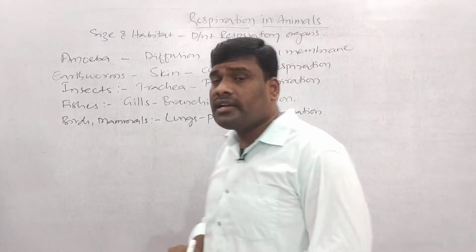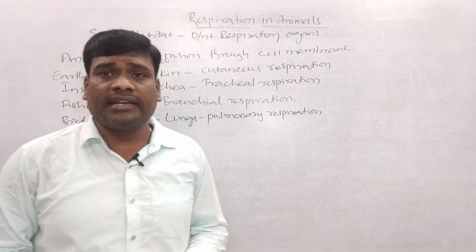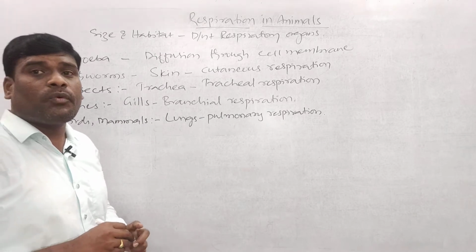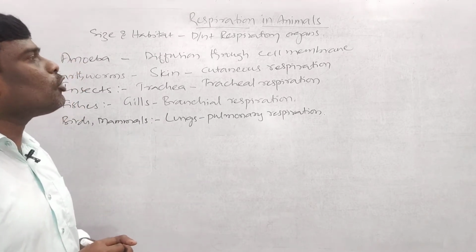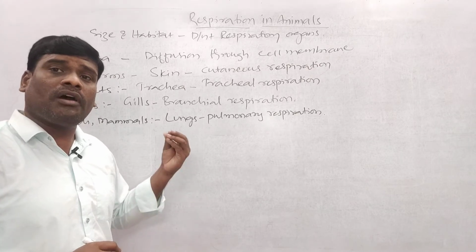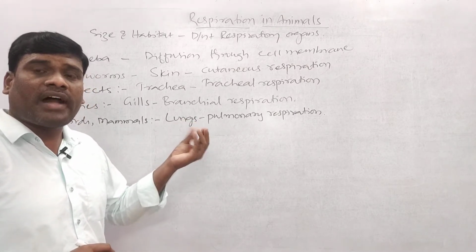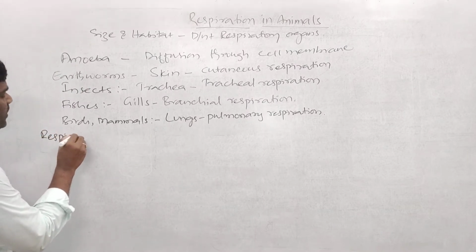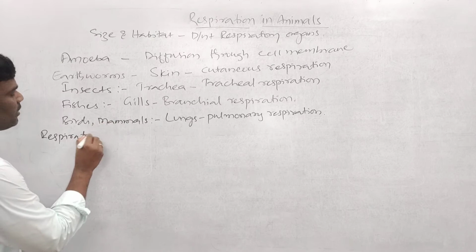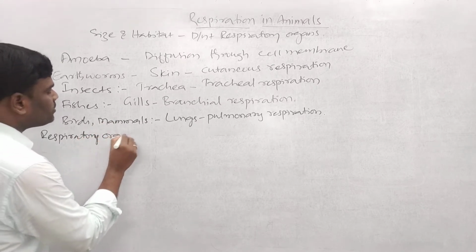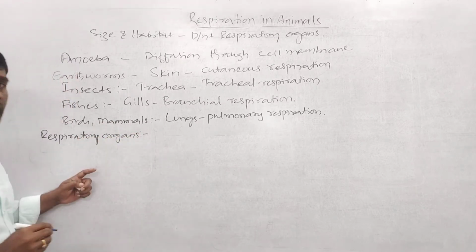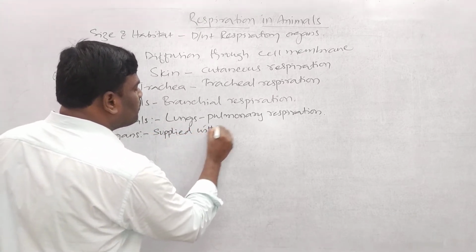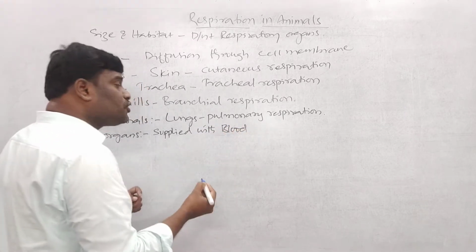Got it? So here there are three important common features of respiratory organs, children. What are the common features observed in the respiratory organs of higher animals? The respiratory organs are supplied with blood vessels. They are rich in what, children?